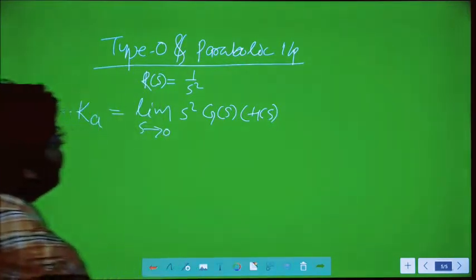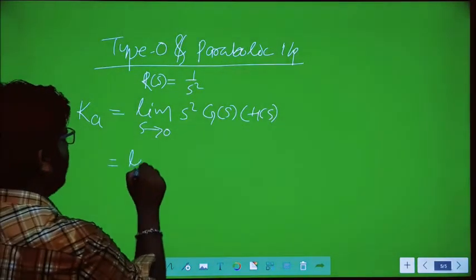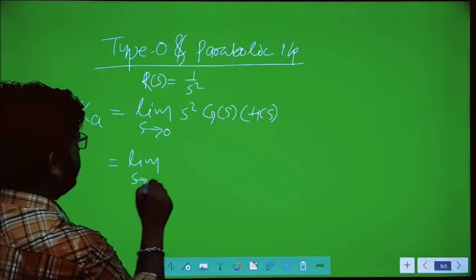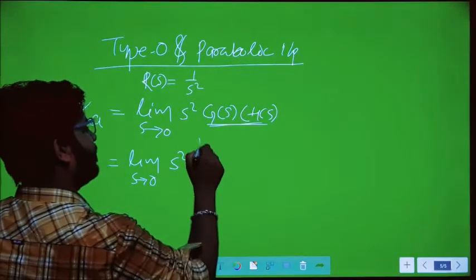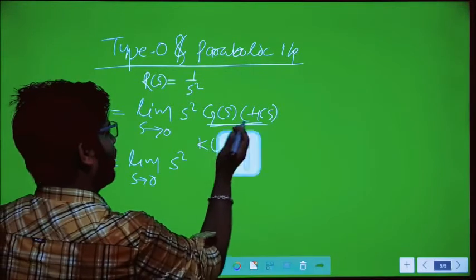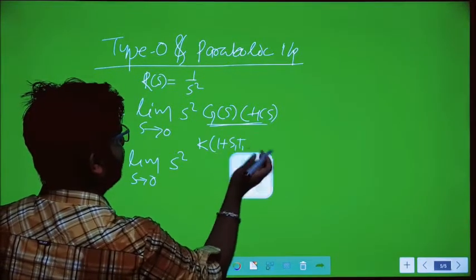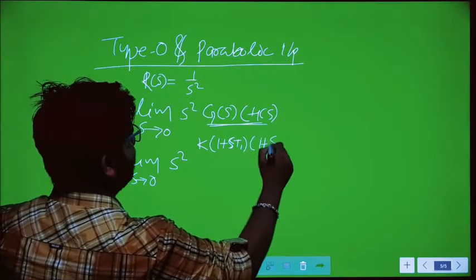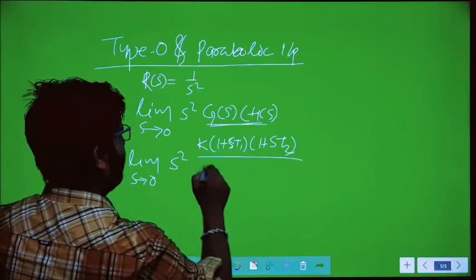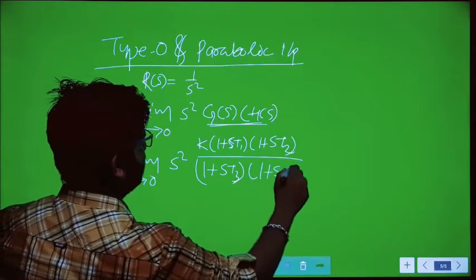So what are G of s and H of s? This is a type 0 system, nothing but k into (1 plus st1) into (1 plus st2) divided by (1 plus st3) into (1 plus st4).